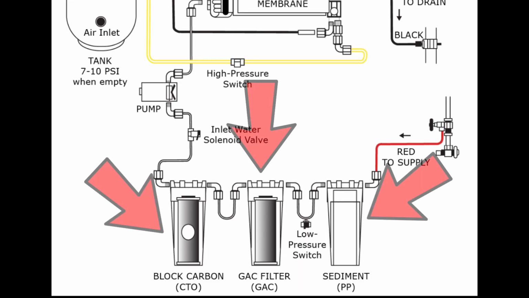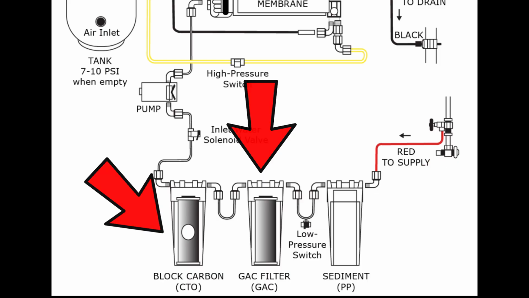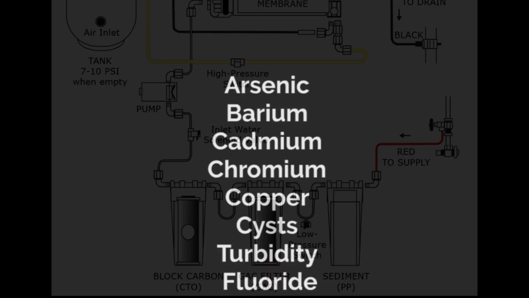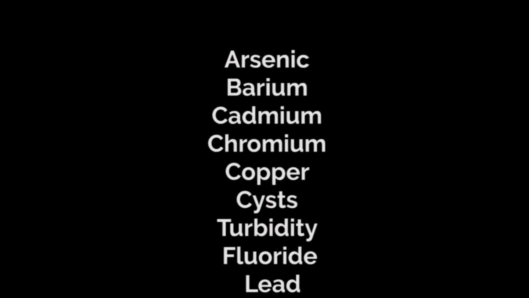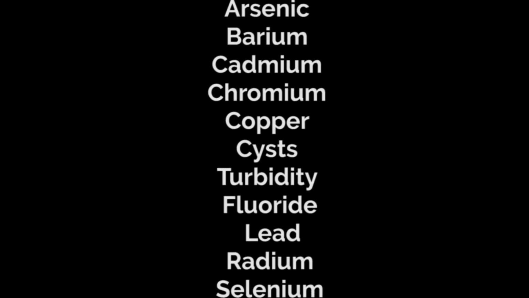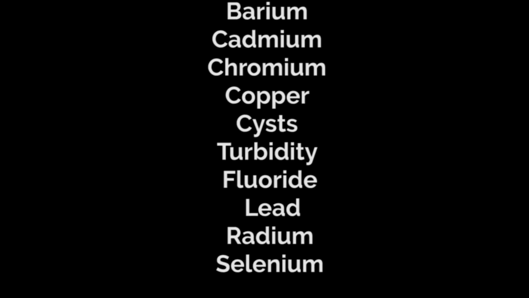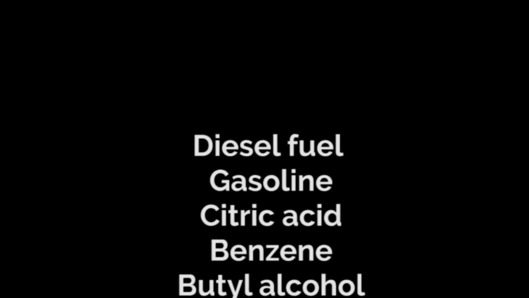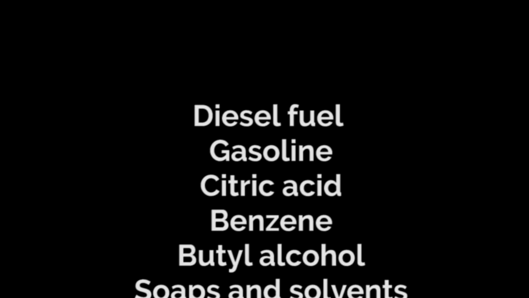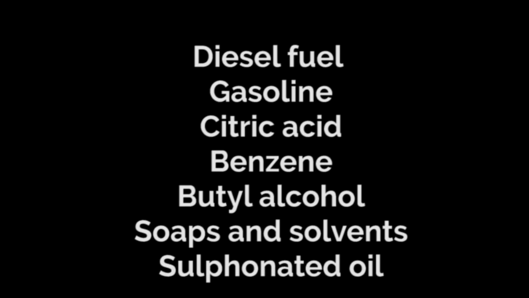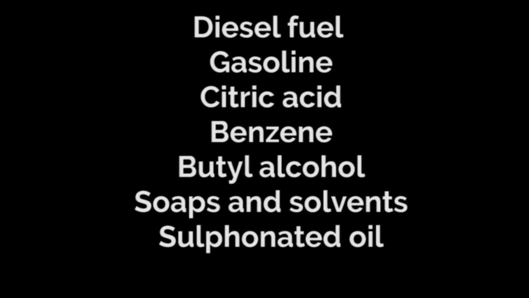The three filters, and primarily the second and third filter, remove major contaminants such as arsenic, barium, cadmium, chromium, copper, cysts, turbidity, fluoride, lead, radium, and selenium. In addition, things such as diesel fuel, gasoline, citric acid, benzene, butyl alcohol, any soap, any solvents, sulfonated oil.